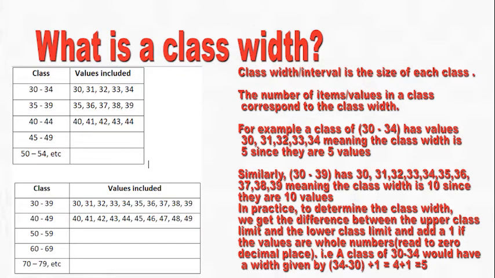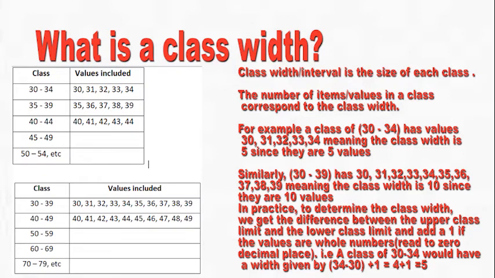Similarly, 30 to 39 has values of 30, 31, 32, 33, 34, 35, 36, 37, 38, and 39, meaning the class width is 10 since there are 10 values.